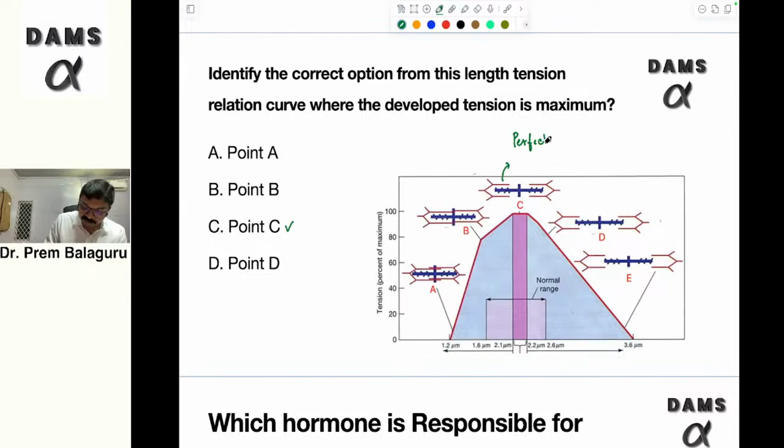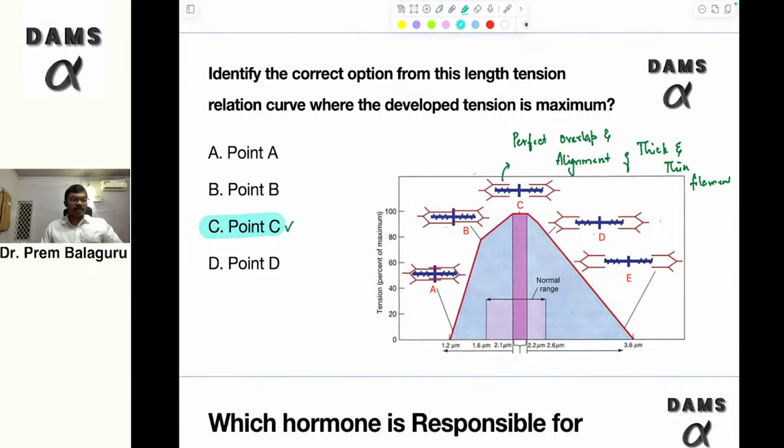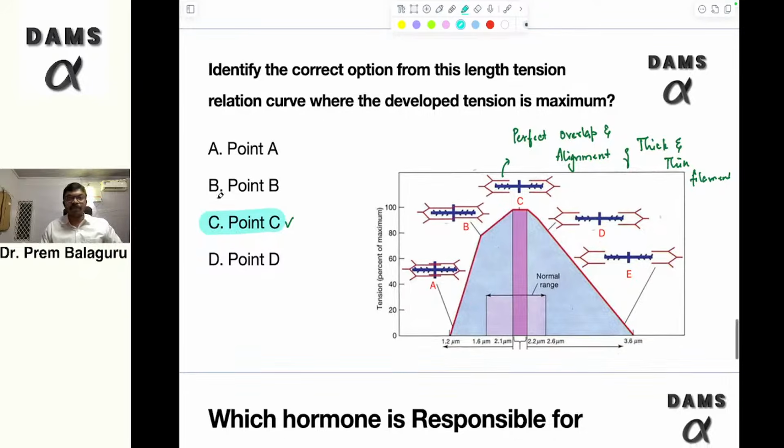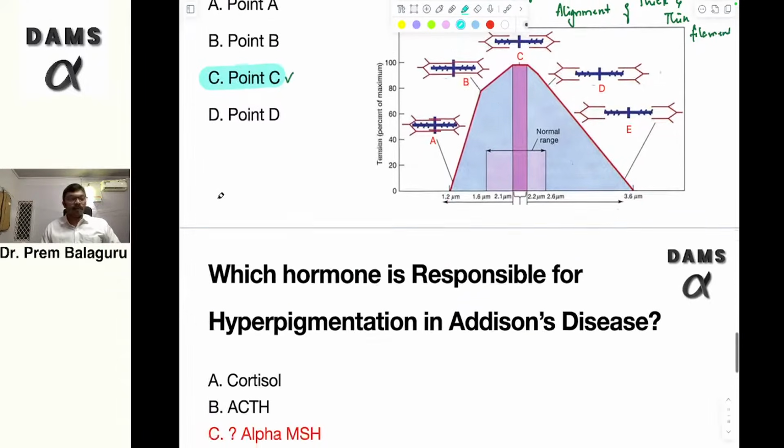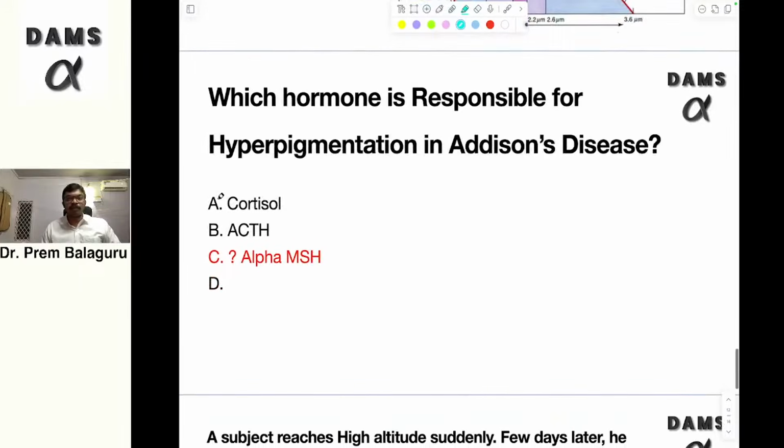Both these filaments come into perfect alignment. And if the question is asked the other way around, the answer you're supposed to pick is point C. That's the right answer for this question, guys. It's a pretty simple and straightforward question, and I think you are clear on this one. Let's move on to the next one.